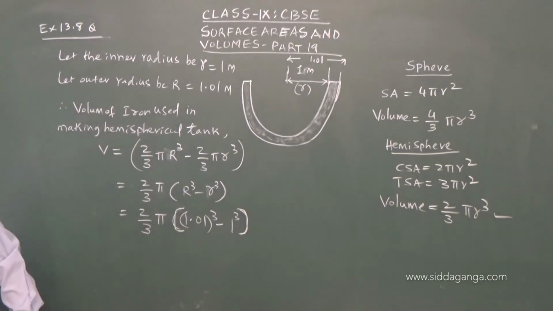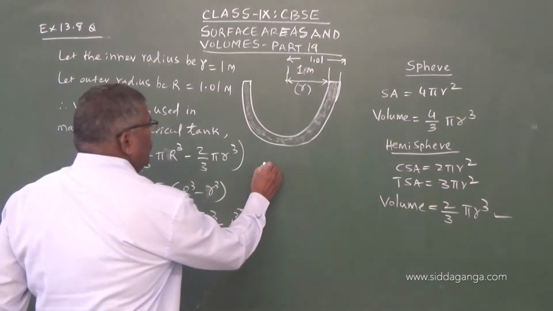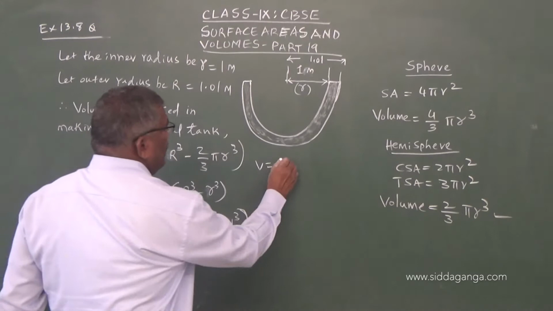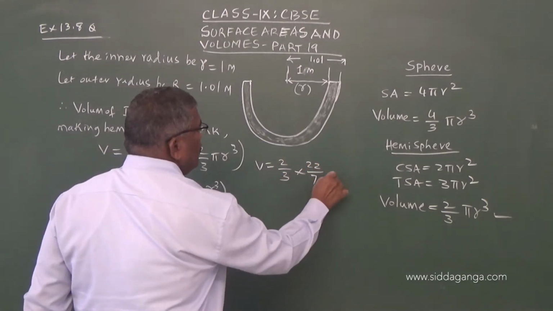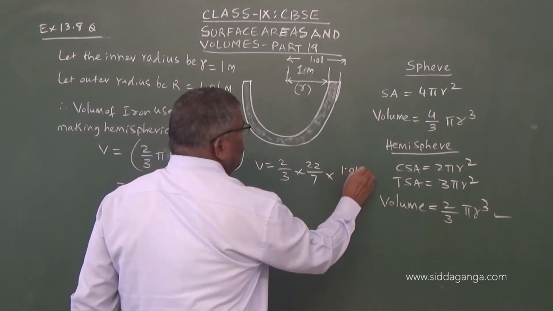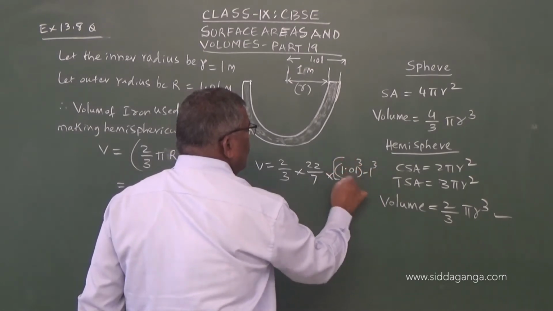Now you simplify this. The volume equals 2 by 3 into 22 by 7 into 1.01 whole cube minus 1 cube.